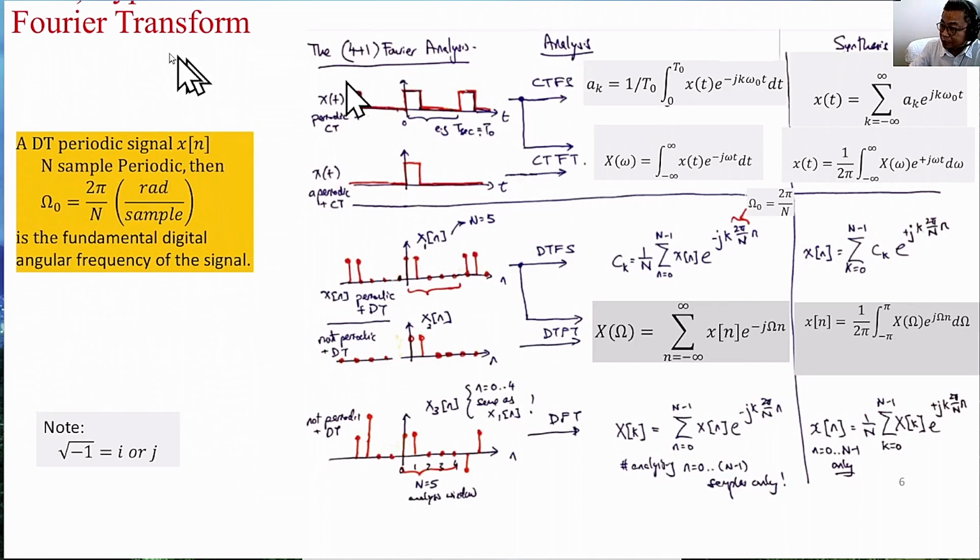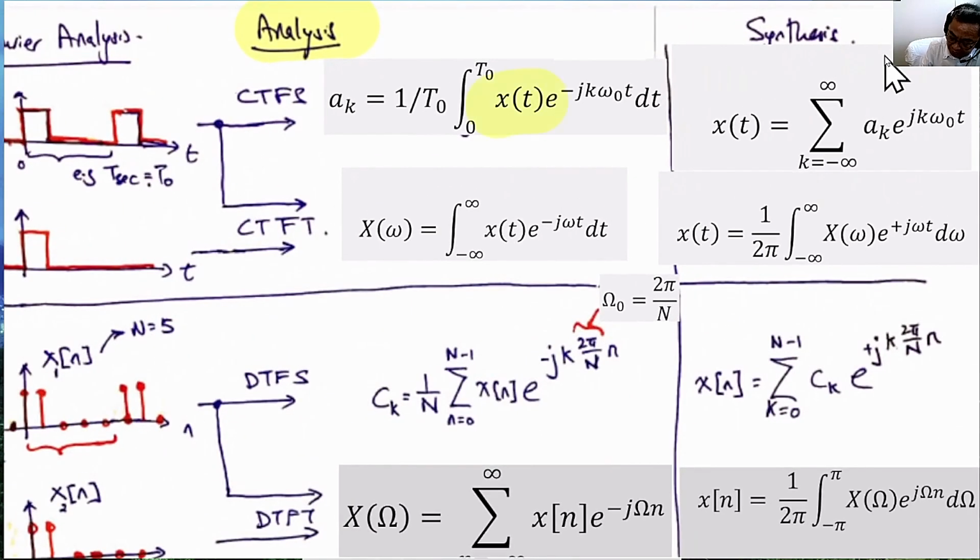Here are the equations for the analysis and the synthesis. What does the analysis mean? The analysis takes the input signal x of t and generates the coefficients representing x of t in the frequency domain. We have x of t here and it becomes X of omega because this is the continuous time Fourier transform.